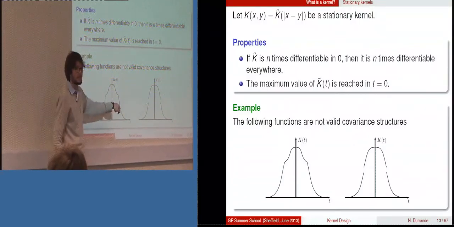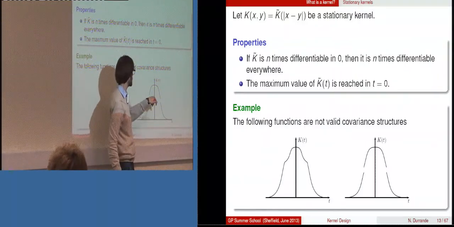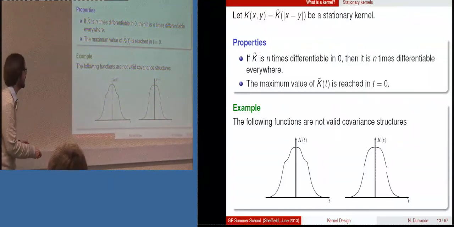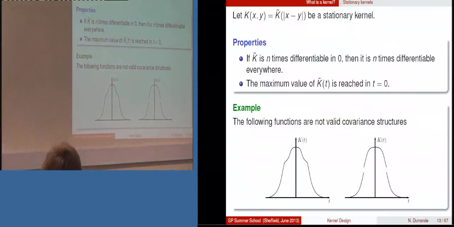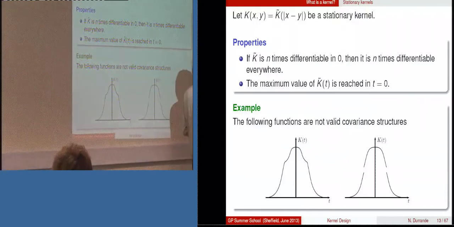So this cannot be a valid covariance function. And here it's kind of similar because it's continuous here, but it's discontinuous elsewhere. So these two functions, given this property, cannot be positive definite functions. And the other property is that the maximum value of k evaluated at t is reached at t equals 0.